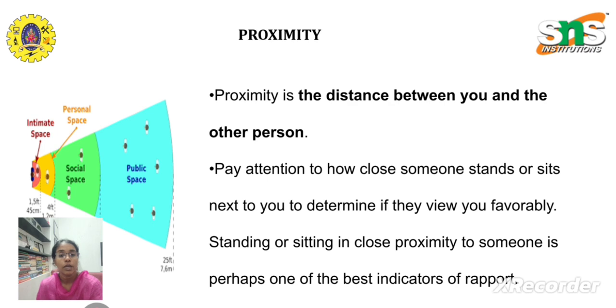That is how the proximity, the distance, has been measured. When you're in your intimate space, with close ones like your family members, your close friend, your father, mother, whoever it is, you don't feel disturbed with the distance that you maintain with them.